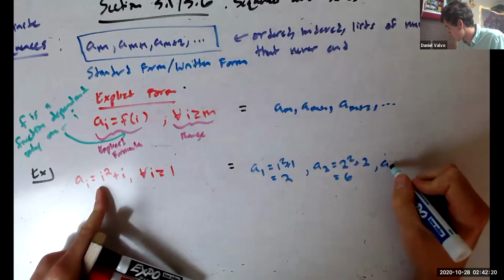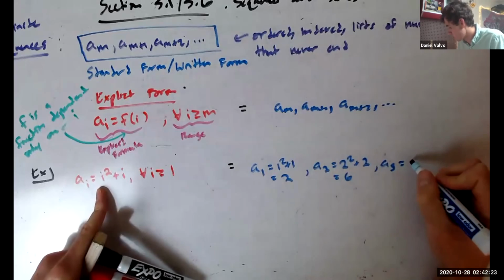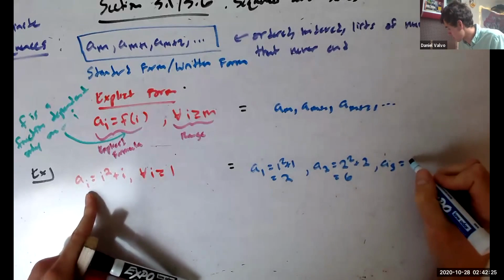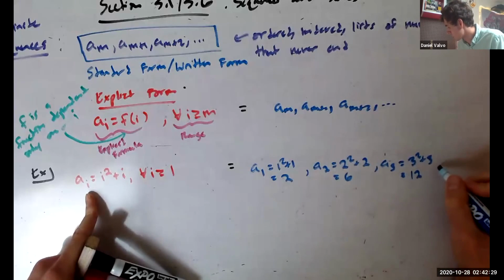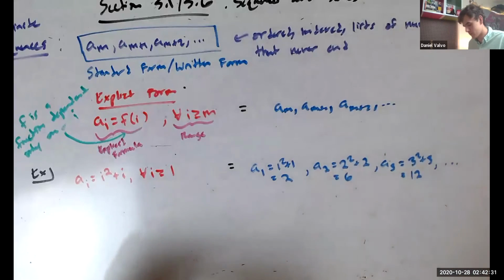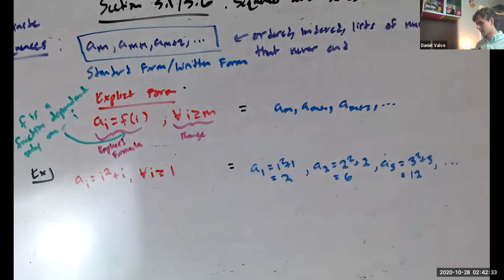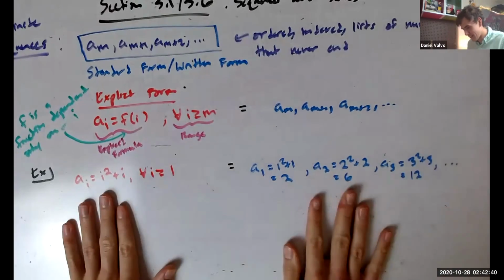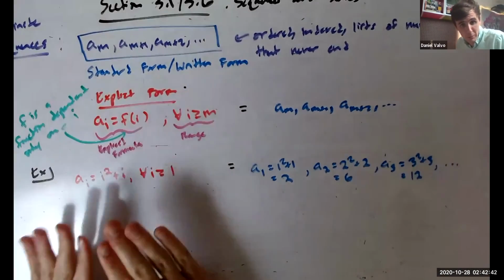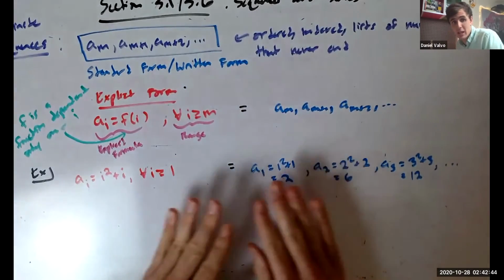Or we could have a_3, plug the index 3 in, we get 3 squared plus 3, 9 plus 3 equals 12. On and on like that. We've done this before. This is just how you go from explicit to standard form. You just plug it in.